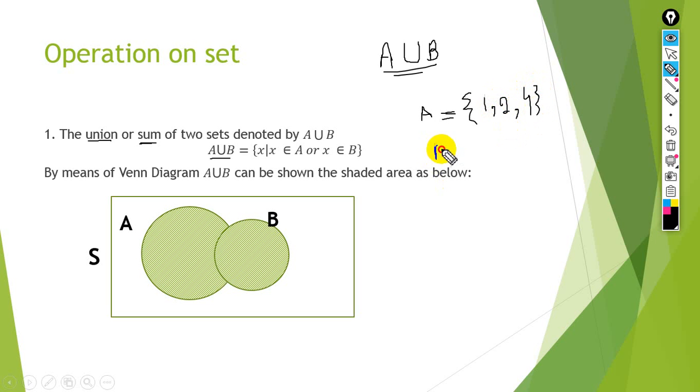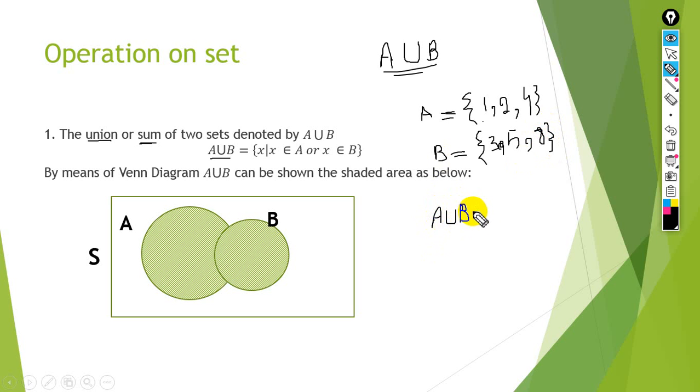For example, set B is equal to 3, 5, or 8. So now what will be the union of these sets?